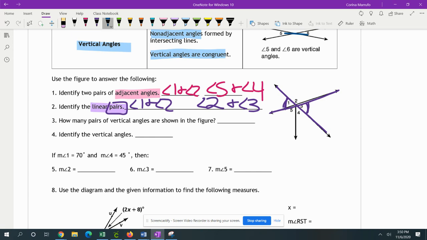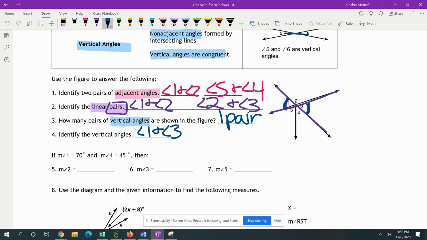Okay, so that means that angle 1 and angle 3. Okay, the next one, it says how many pairs? Sorry, I didn't answer these questions right. How many pairs? There's only one pair. One pair. And then it says identify the vertical angles. We said angle 1 and angle 3. Which are these ones? This one and this one.